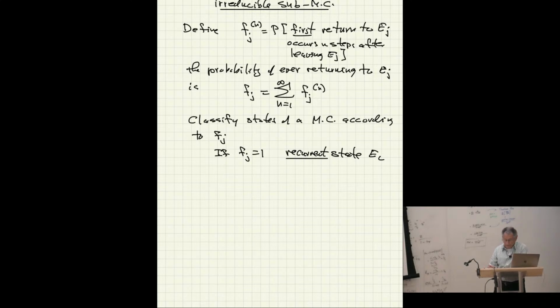On the other hand, if f_j is less than 1, we have a transient state, E_j. If the only steps at which the system will return to E_j are a multiple of some number gamma, then it's periodic. I want to write that out now.